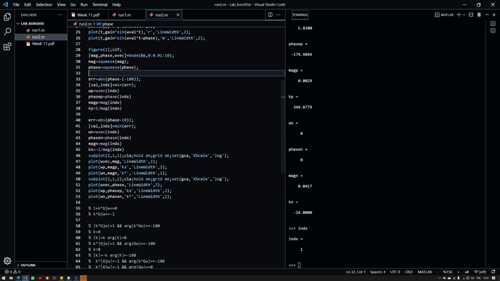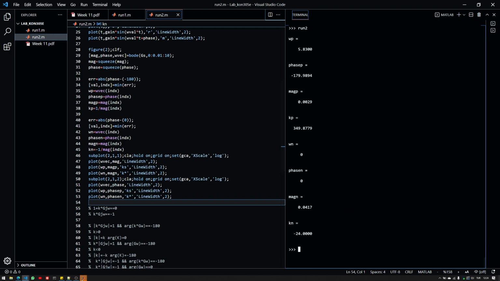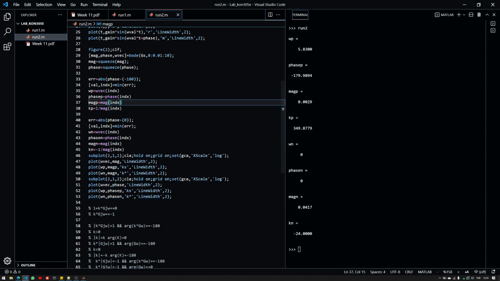So interestingly, we don't have the omega n, phase n displayed here. So is there something wrong? Let's see. Yeah, I'm not seeing it. Maybe this option here was not really that wise.